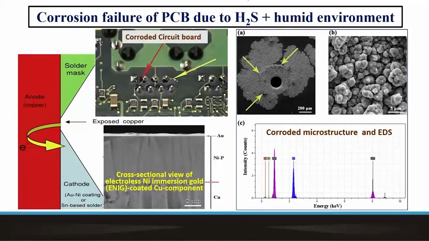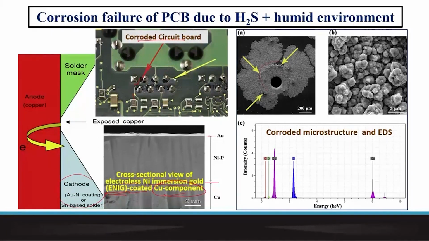In order to prevent such damage in circuit boards like here or here, we generally try to create a deposit which gives cathodic protection through the so-called electroless nickel immersion gold coating on the copper component.